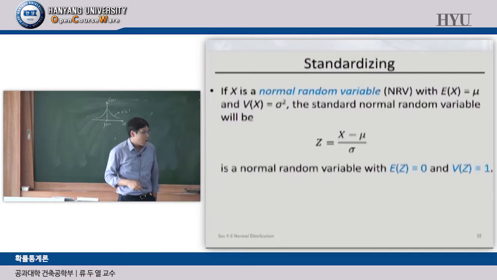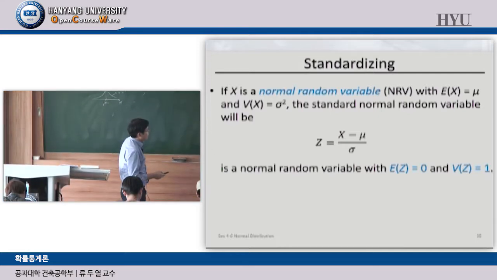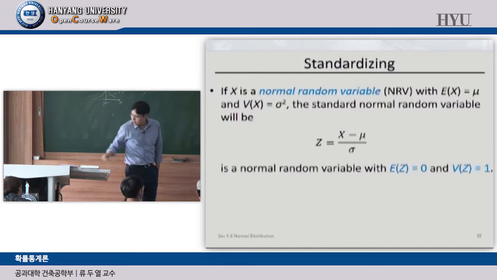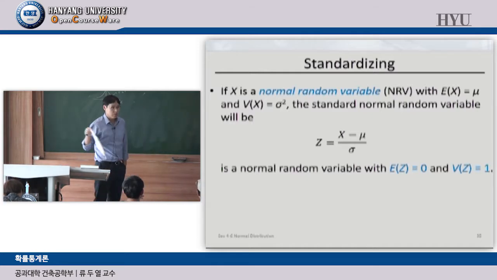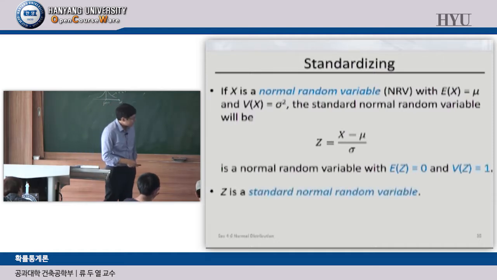So no matter what the normal random variable is, by using this equation we can use the table that I gave to you. Z is called a standard normal random variable.